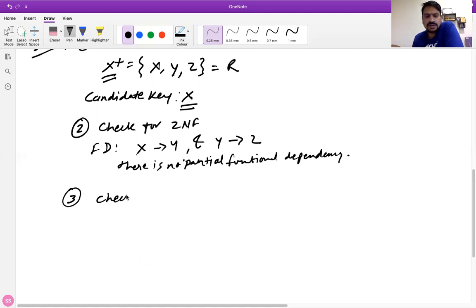Now let's check for third normal form. If we are checking for the third normal form, first we have to find out whether there is any partial or any transitive dependency.